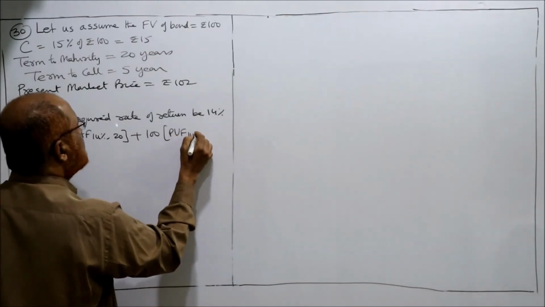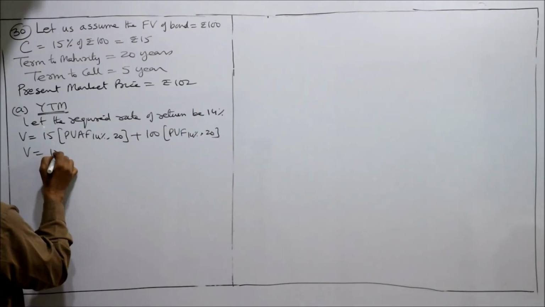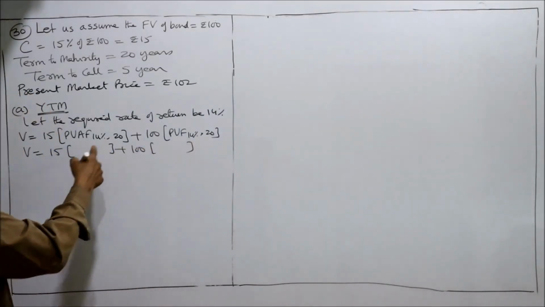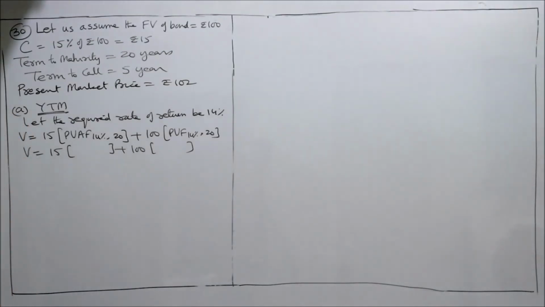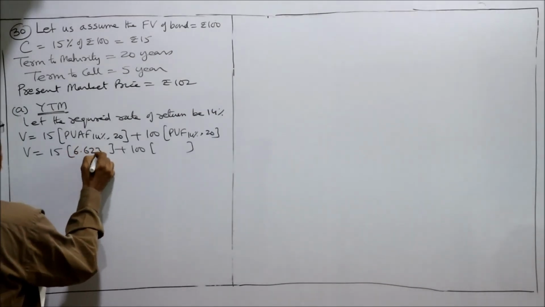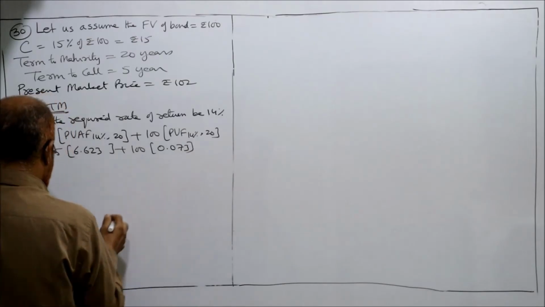PVF 14% 20 years. So V is equal to 15 into PVAF plus 100 into PVF. Now 20 years 14% is 6.623, and 0.073.